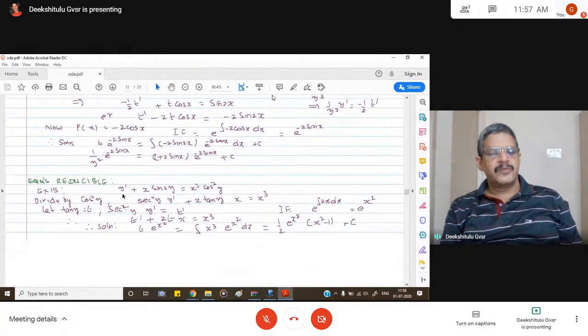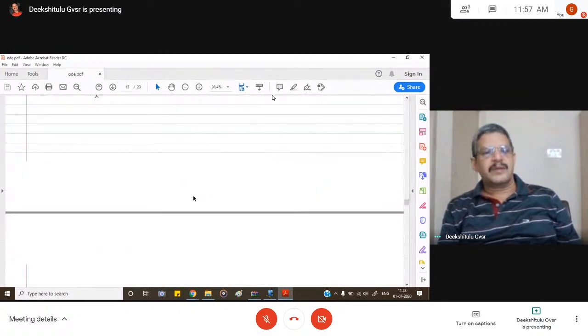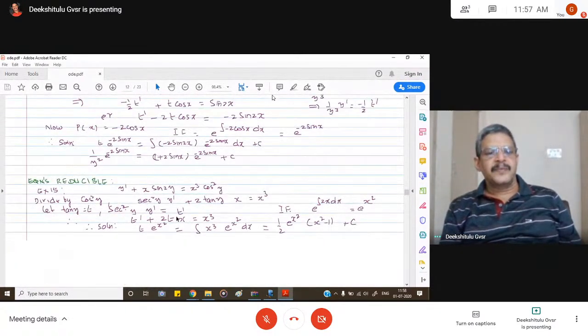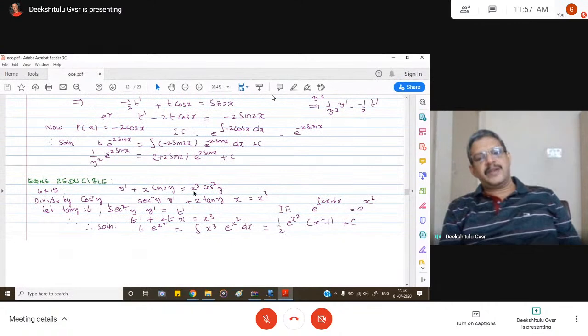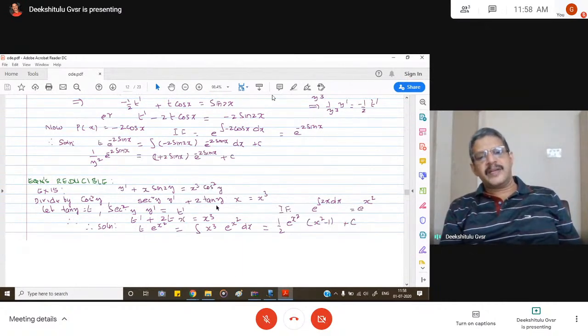Okay. So y dash plus x into sin 2y is equal to x cube into cos square y. On the right hand side, we first eliminate this cos square y by dividing throughout.